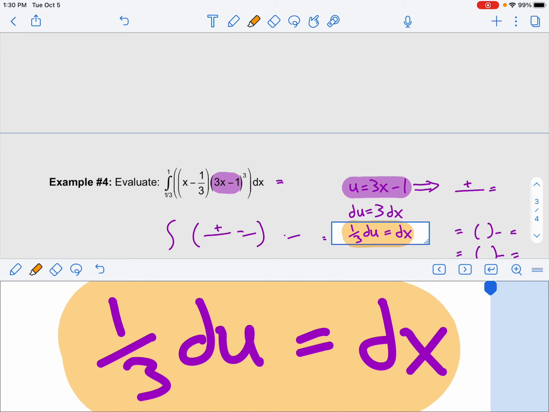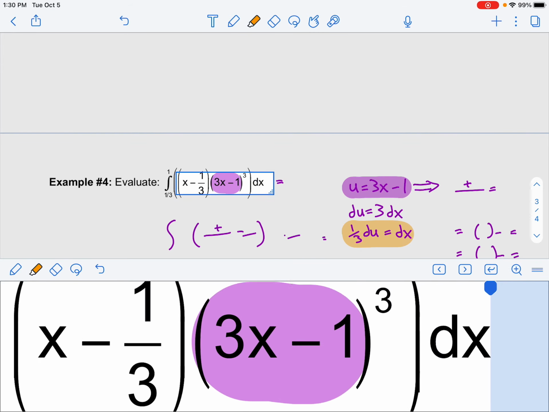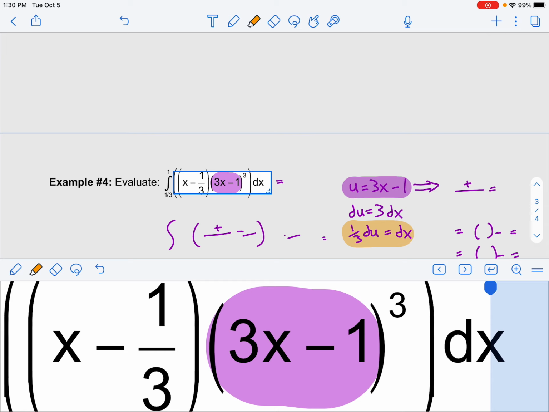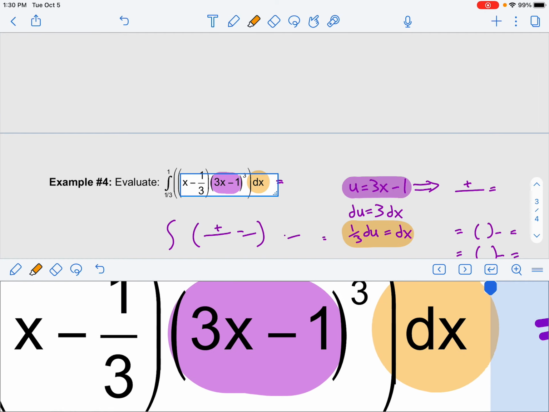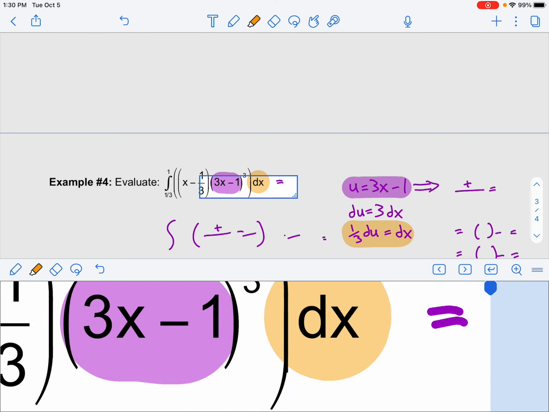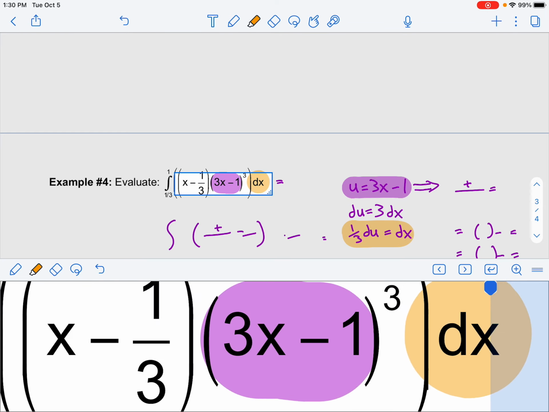Now, real quick, in the last example I did not solve for dx by itself, but I am this time. What's the difference? Well, the difference here is that I have dx times my integrand, but the derivative of u was just 3, and there's more than just that here.